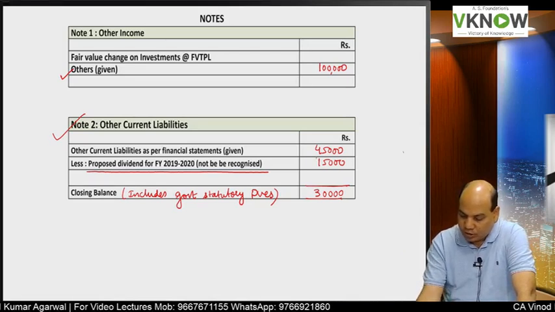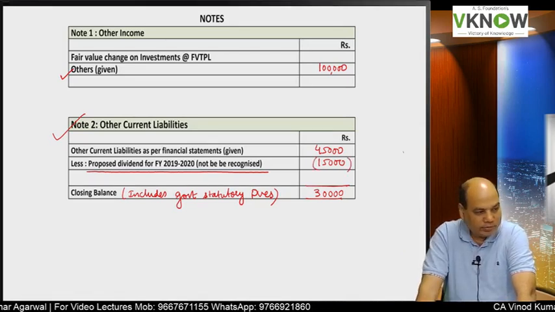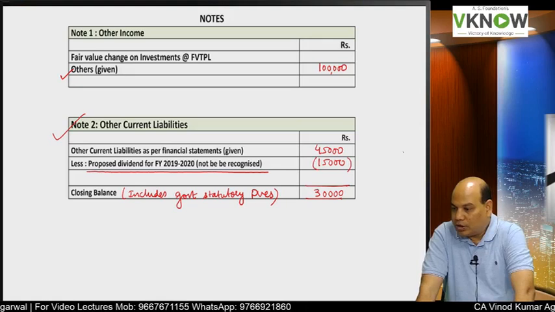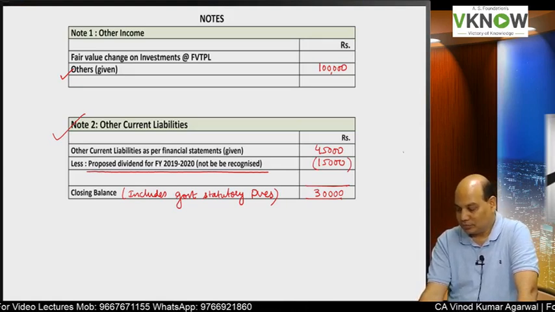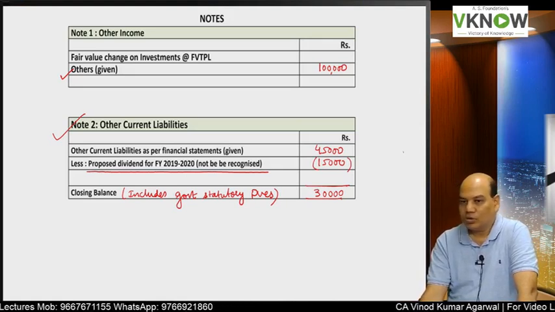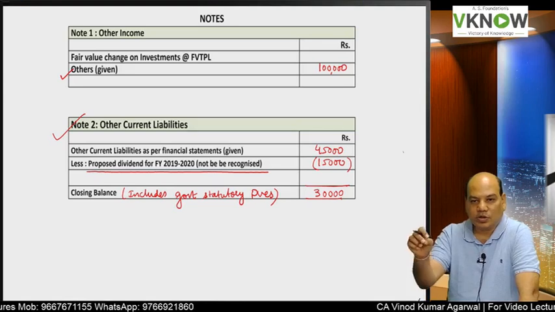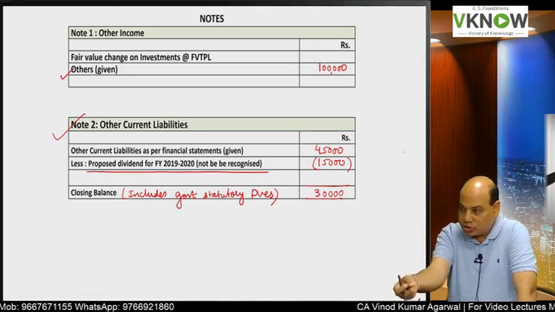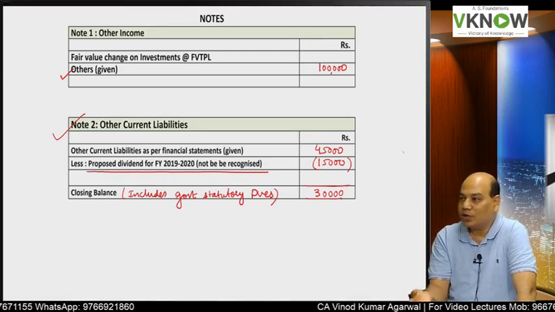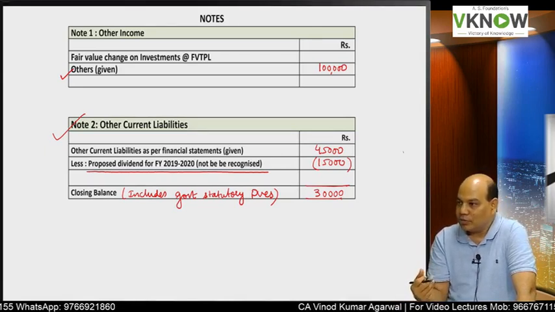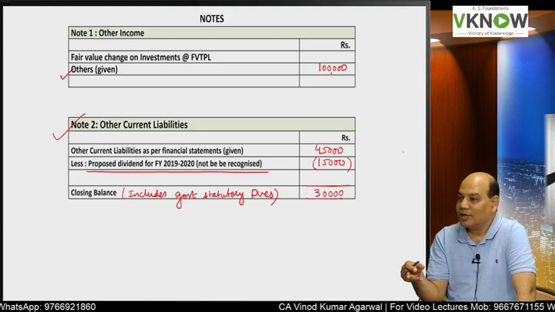Then a student had asked me a query on email, why we have not given the second effect of this 15,000. Interesting query. Because I am not going to take the reserve and surplus of the question book, which is arrived at after deducting 15,000. I am doing a fresh calculation of profit, which is before deducting dividend.